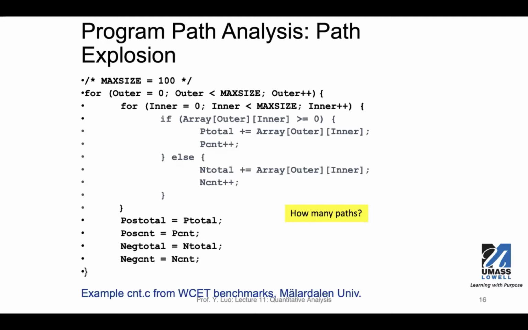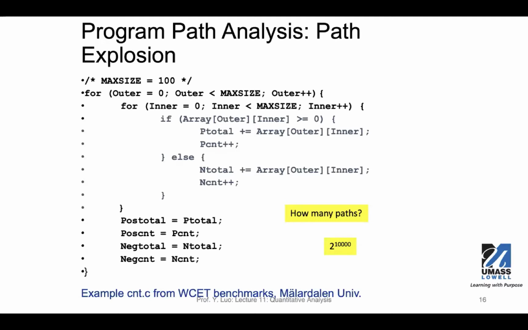That'll be 2 times 2, because you're going to be executing this if twice, and depending on the input, you may end up having positive-positive, positive-negative, negative-positive, or negative-negative. So when you have 10,000 loop iterations, you are looking at a very large number of different paths that are possible.